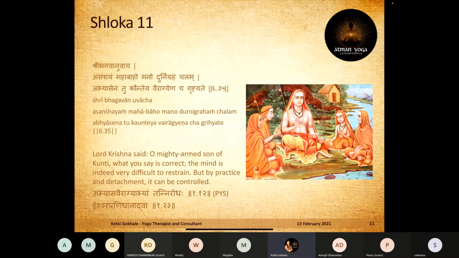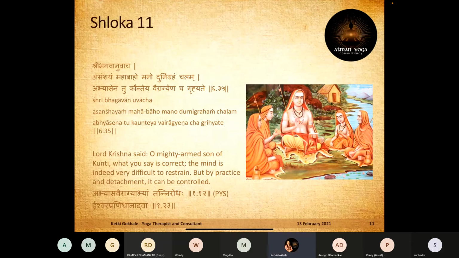And then what Lord Krishna is saying, O mighty-armed son of Kunti. Mahabahu means mighty-armed one. He implies, O Arjuna, you defeated the bravest warriors in the battle.